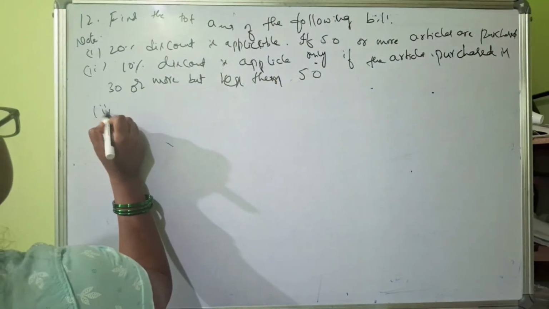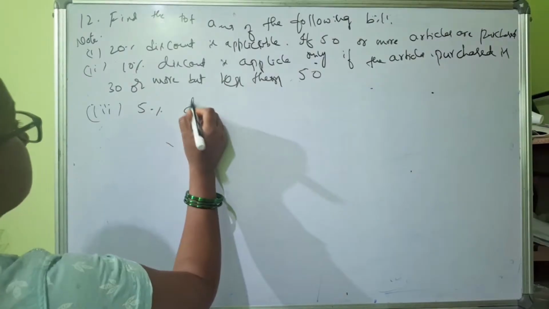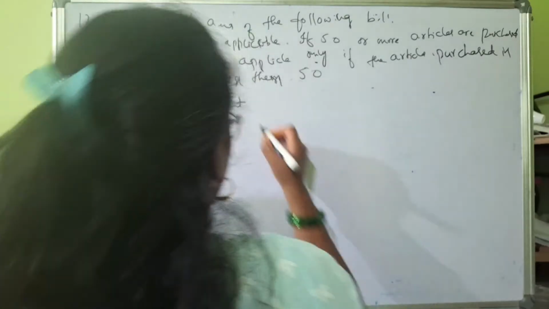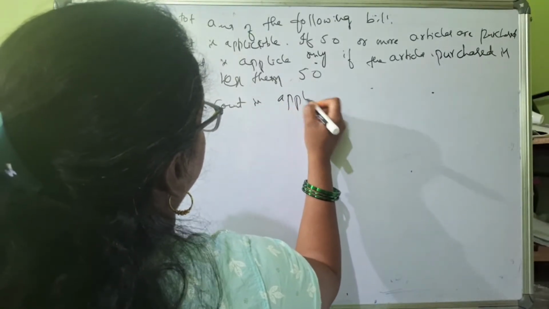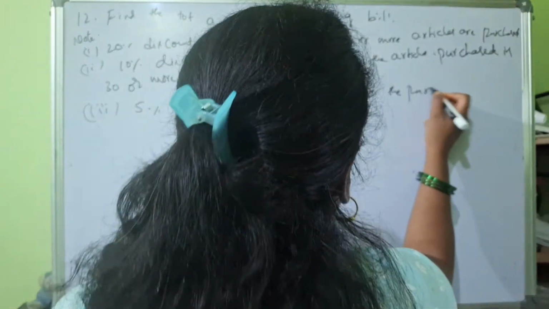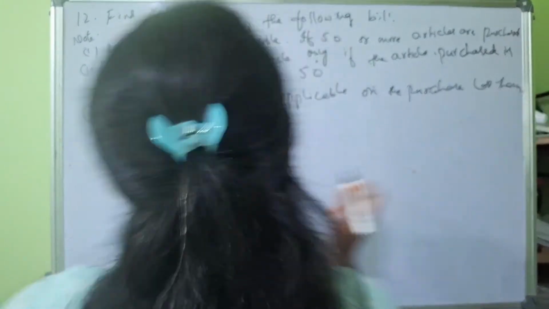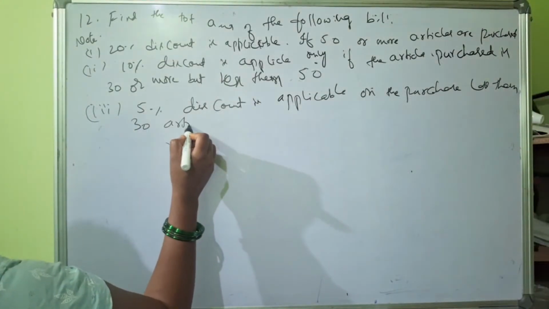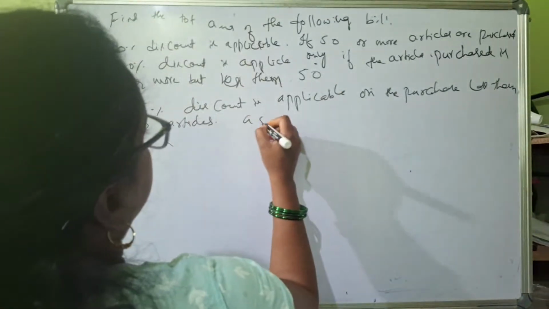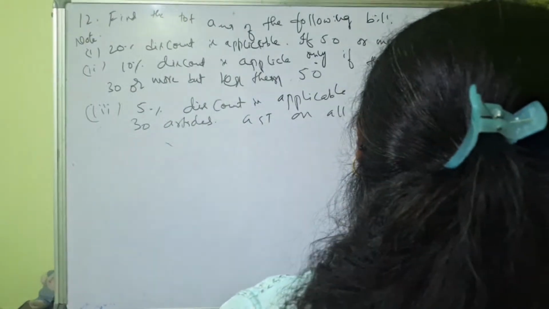And the third is 5% discount is applicable on the purchase of less than 30 articles. GST on all articles is 12%.